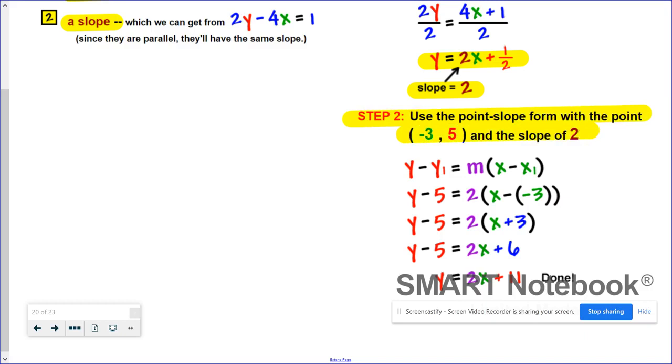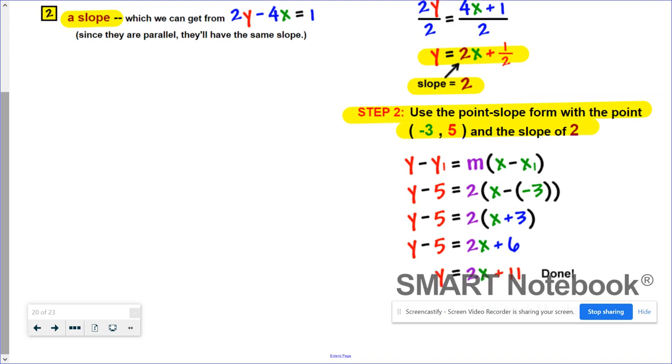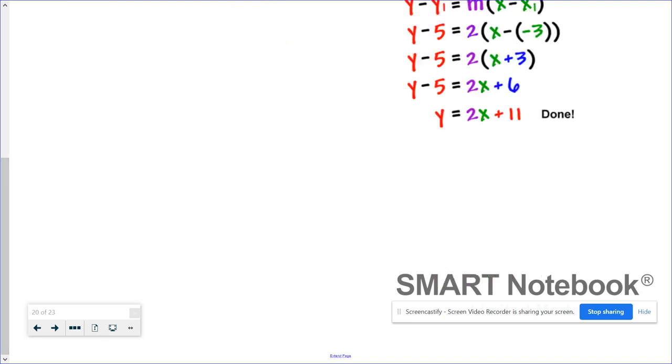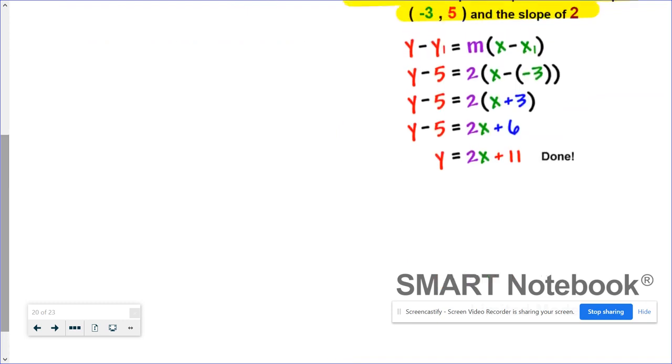Now I'm using point slope form since I have a point and I have a slope. And I'm going to write the equation of my line so that it is in slope-intercept form when I'm all done. So we have our point slope form. We substitute what we know.